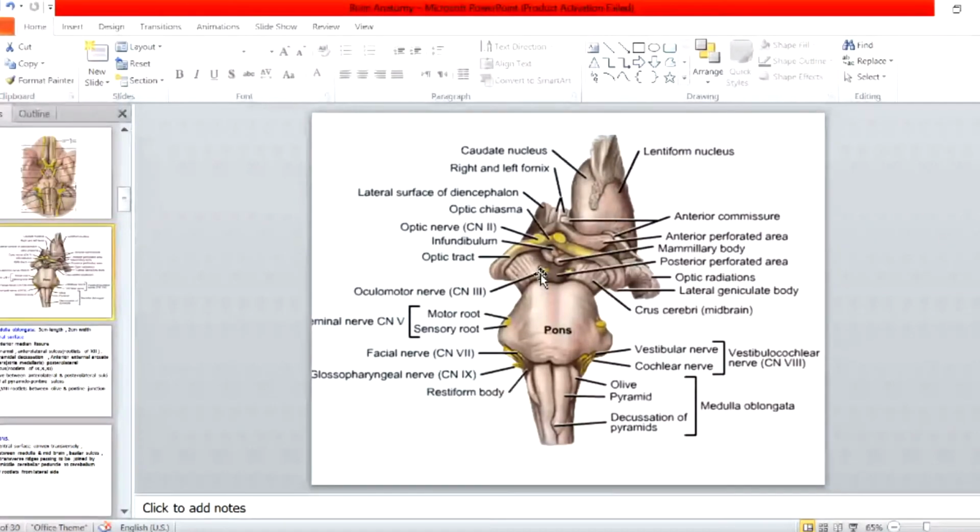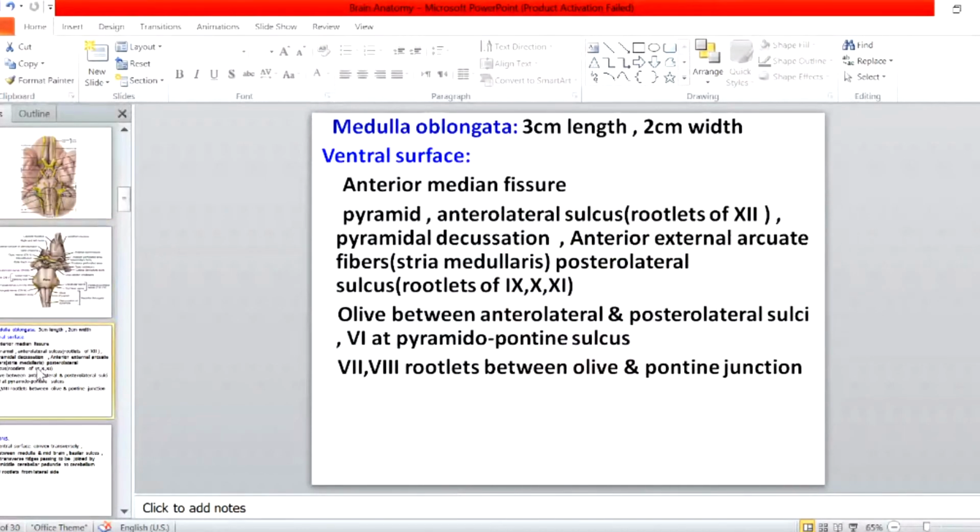So this is the ventral surface of the brainstem. On the medulla, 3 centimeters in length, 2 centimeters in width, we have the anterior median fissure. Lateral to it is the pyramid, and the anterolateral sulcus, where the hypoglossal nerve emerges. Then you have the pyramidal decussation inferiorly and anterior external arcuate fibers. From the posterolateral sulcus emerge the rootlets of the 9th, 10th, and 11th cranial nerves.